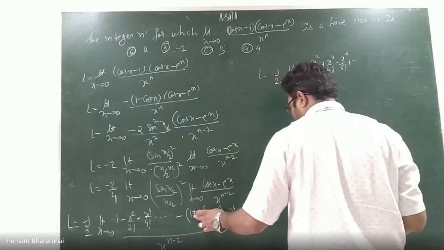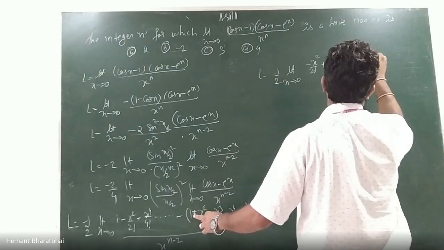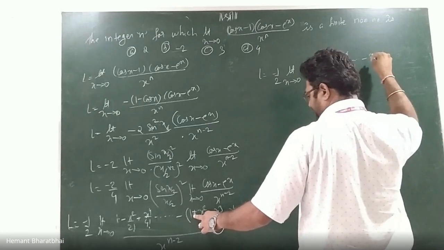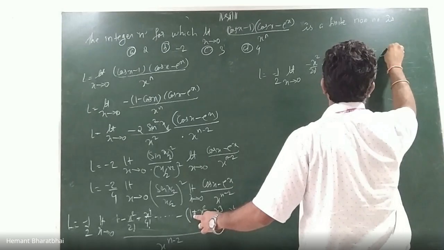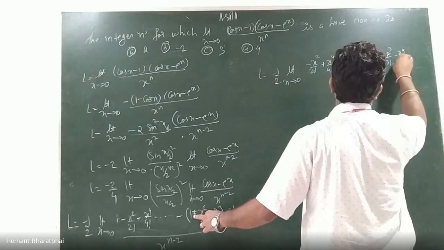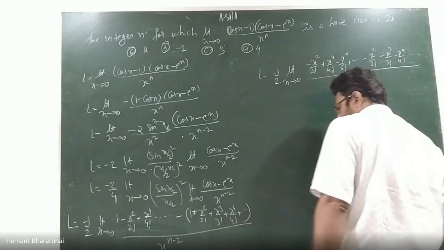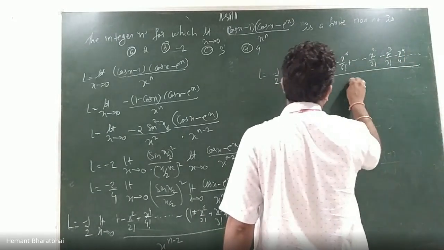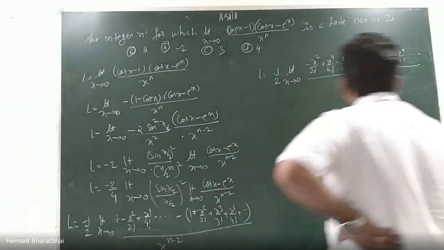And here minus plus, that will give me minus x square by 2 factorial minus x cubed by 3 factorial minus x raised to 4 by 4 factorial that. It is an infinite series, it will continue upon x raised to n minus 2.